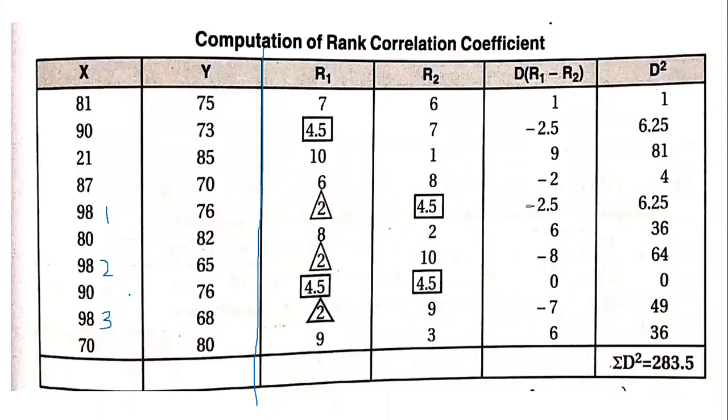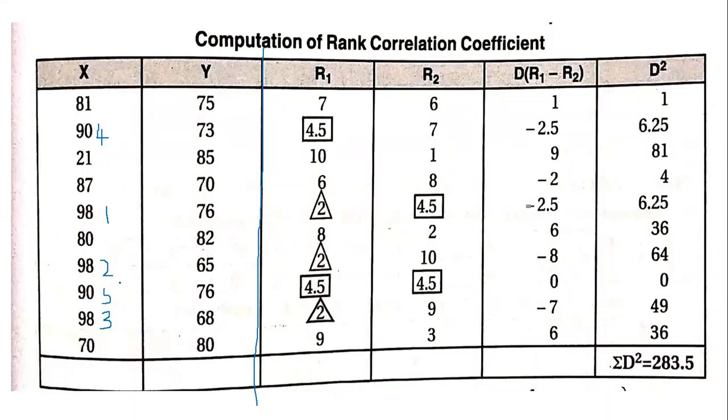Then after 98, which is the next value? 90. Again, 90 is repeated twice. So I will take this 90 as fourth rank, and the next 90 as fifth rank.